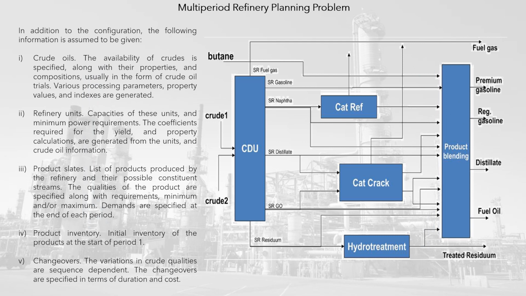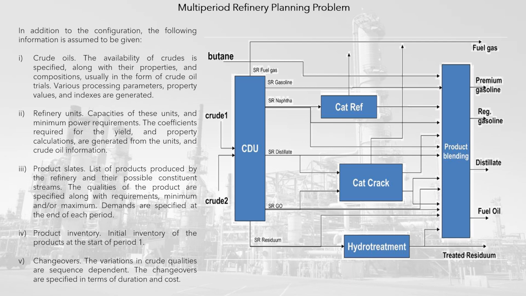In addition to the configuration, the following information is assumed to be given. Crude oils. The availability of crudes is specified, along with their properties and compositions, usually in the form of crude oil trials. Various processing parameters, property values, and indexes are generated. Refinery units. Capacities of these units, and minimum power requirements. The coefficients required for the yield and property calculations are generated from the units and crude oil information.